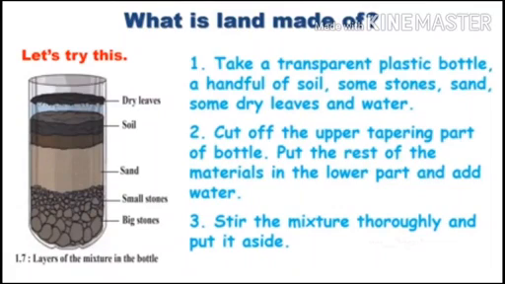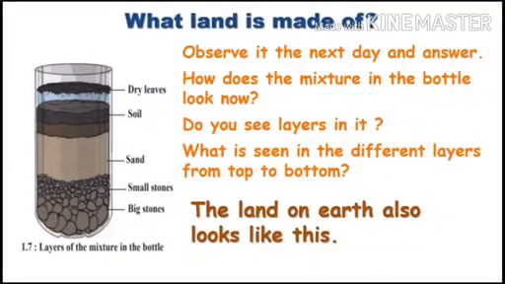Then cut off the upper tapering part of the bottle as shown in the figure. Put the rest of the material in the lower part and add water. After that, stir the mixture thoroughly and put it aside. Then observe the bottle the next day and answer the following questions.